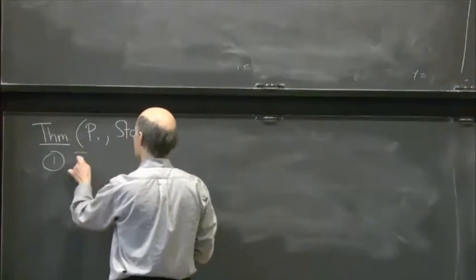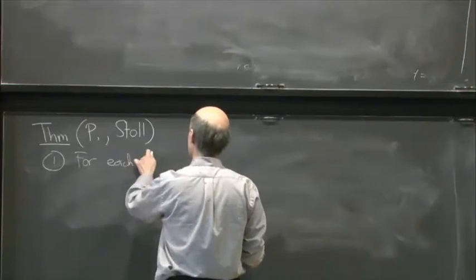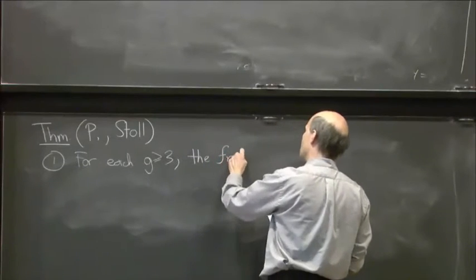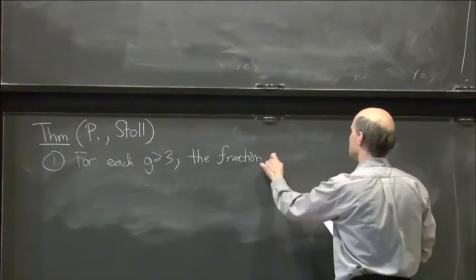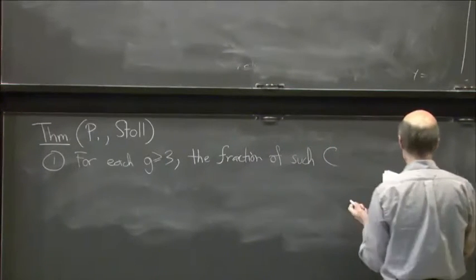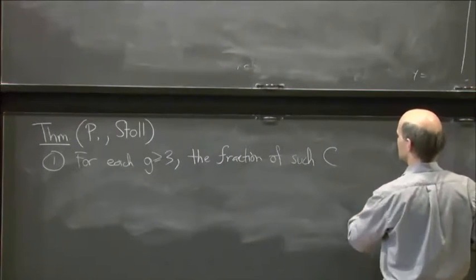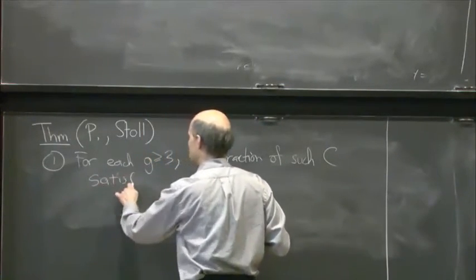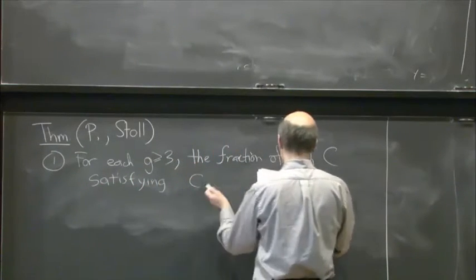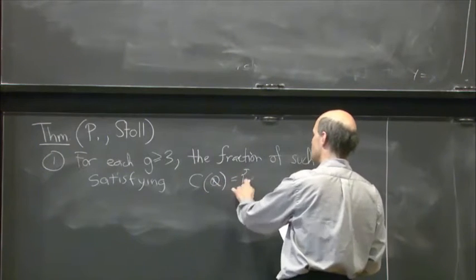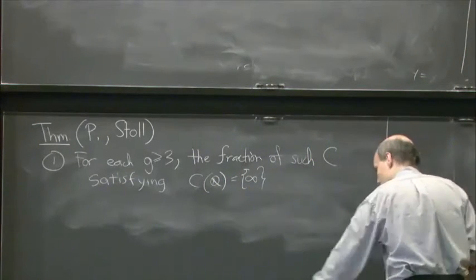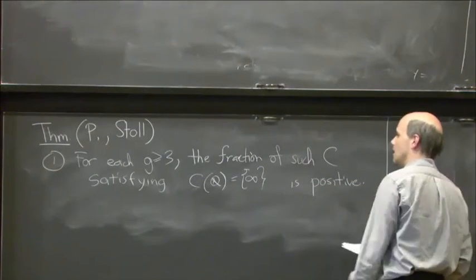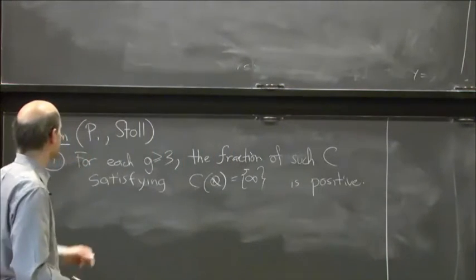The first part is that for each g at least 3, the fraction of such curves having no extra rational points, such that the set of rational points is just this one point, is first of all positive. I still don't know the answer for g equals 2.